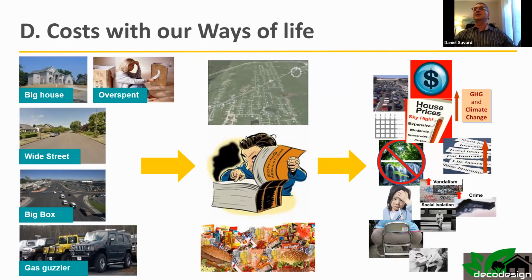Greenhouse gas emissions and climate change are a big issue. Life insurance, car insurance, whatever type of insurance is increasing every year. We've seen vandalism increasing, crime increasing, social isolation experienced by a lot of communities. And we have seen a lot of natural space disappearing.